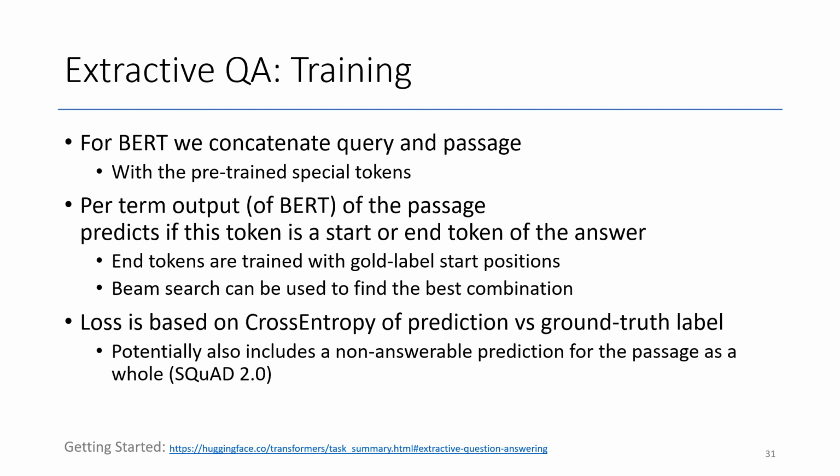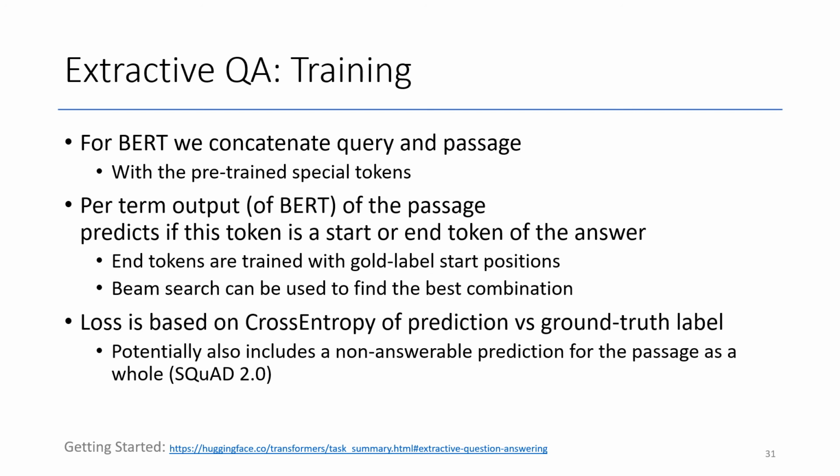This prediction is done by adding, for example, a single linear layer on top of each per-term output, and the single linear layer reduces the dimensionality from 768 dimensions down to 2 dimensions, giving us a binary classification of whether it's a start or an end token.